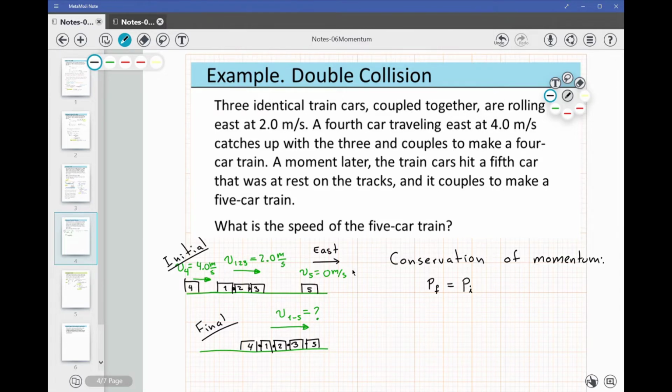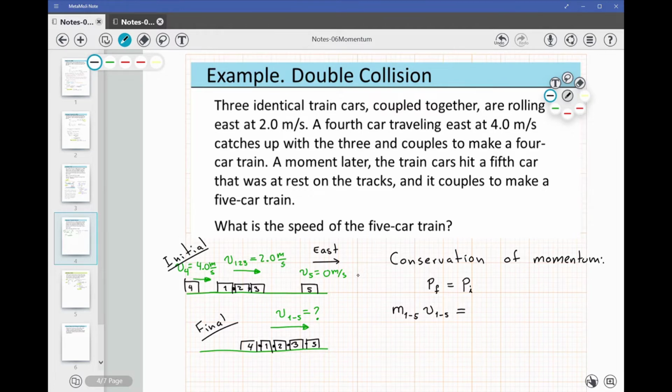So the final momentum is the mass of trains 1 to 5 multiplied by the velocity of trains 1 to 5. They are moving as a single object.